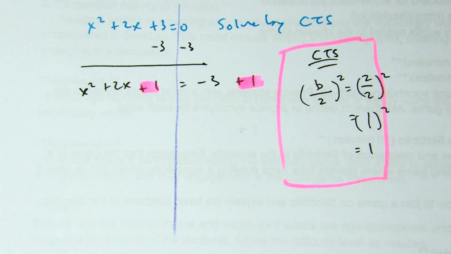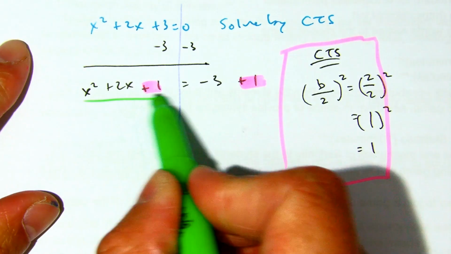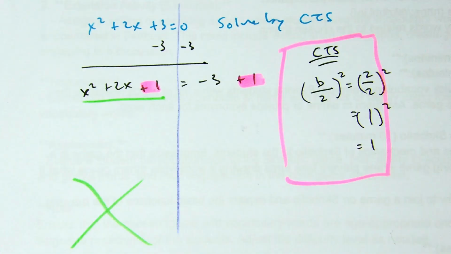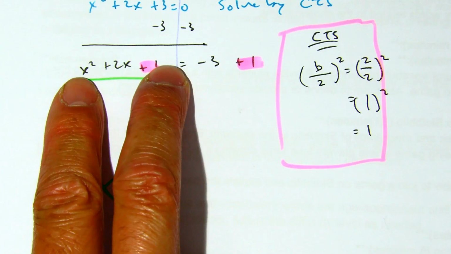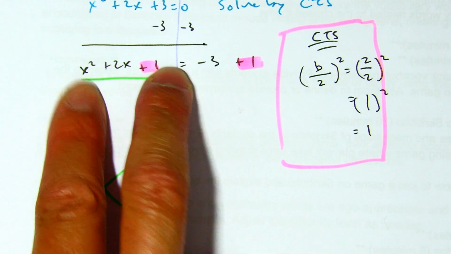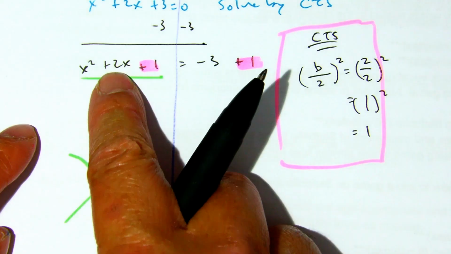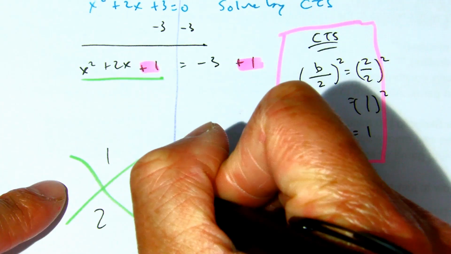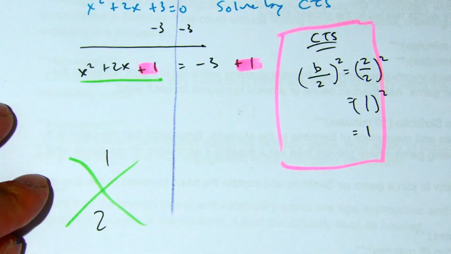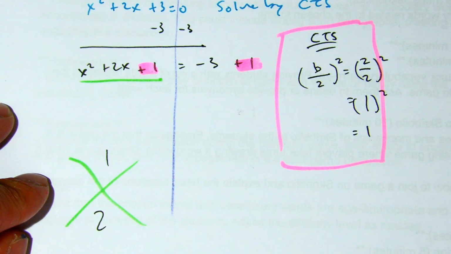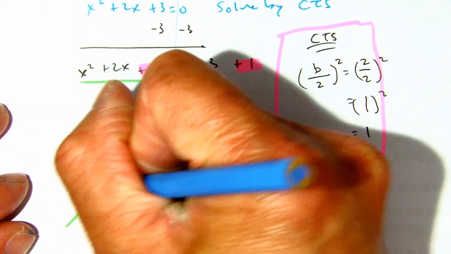Okay, on the left side, we're going to now factor. Class, A times C is 1. Your B value is 2. The two numbers that multiply to be 1, but add to 2. Good, they are 1 and 1.